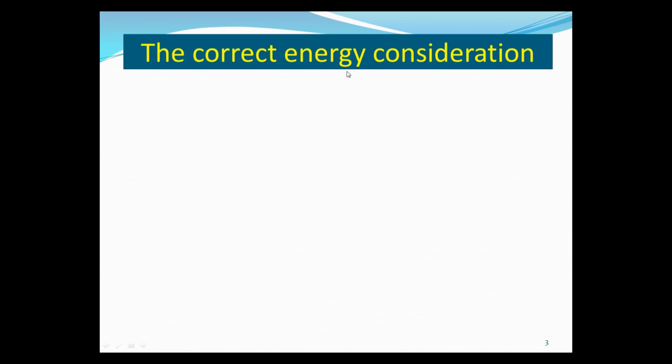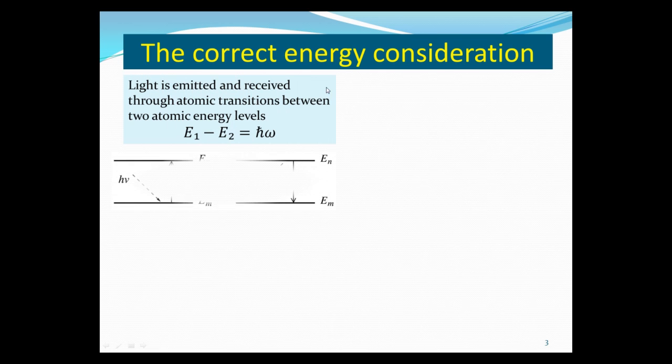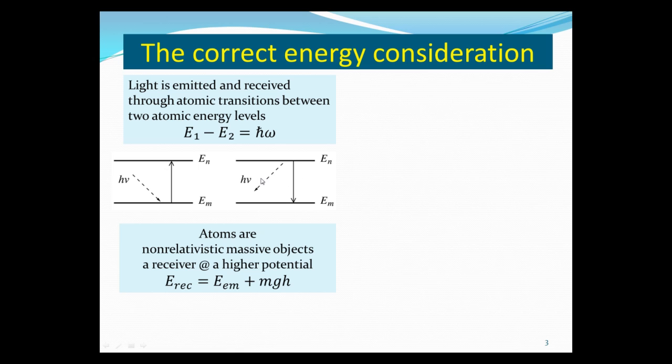So what is the correct way of looking at energy transmission in a gravitational field? First of all, light is emitted and received through atomic transitions, emitting or absorbing a frequency equal to h bar omega. Now, atoms are non-relativistic and can be treated as massive objects.